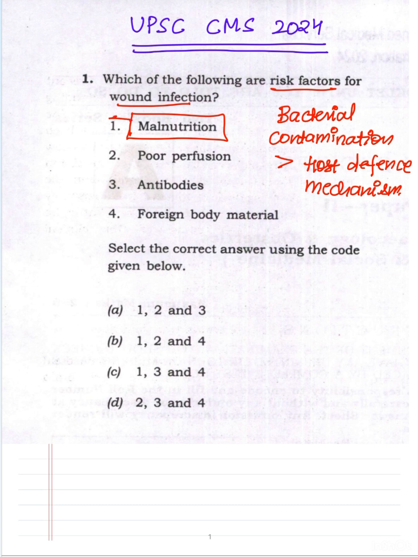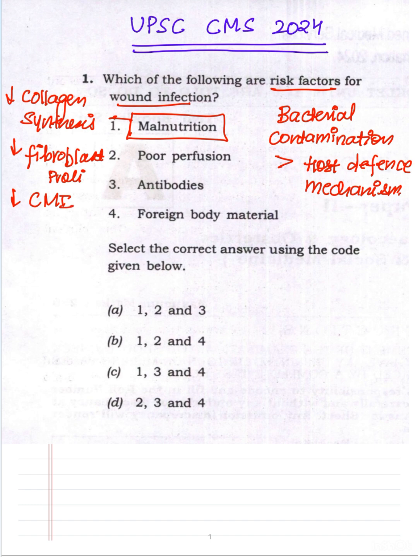So what does malnutrition lead to? Malnutrition leads to decreased collagen synthesis, decreased fibroblast proliferation, decreased cell-mediated immunity, and decreased WBC function.